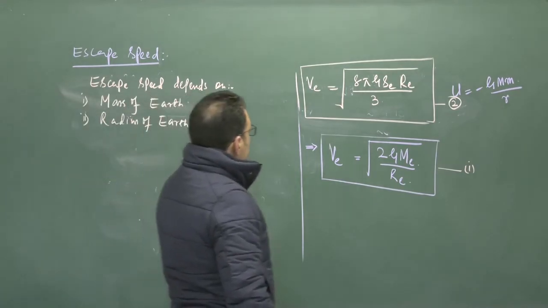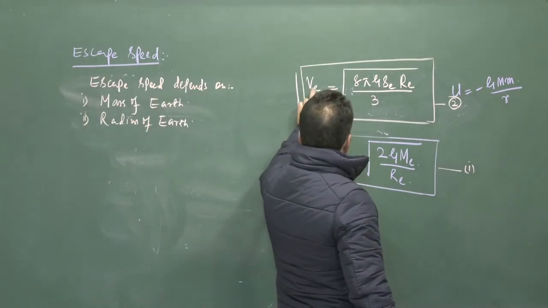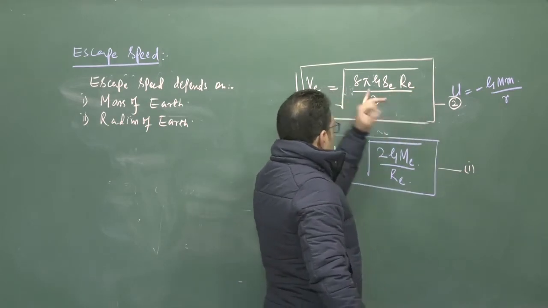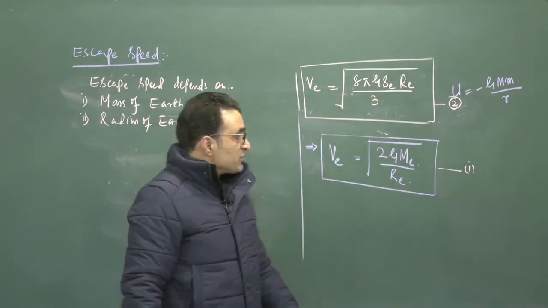From this equation, v varies as R_E, and density, which in turn depends on the mass.